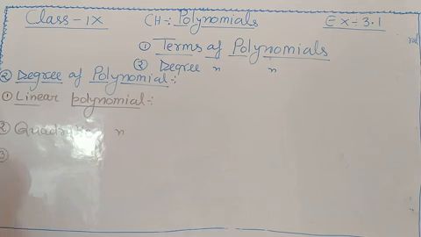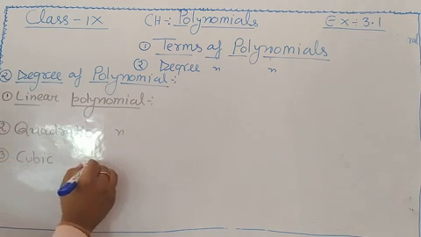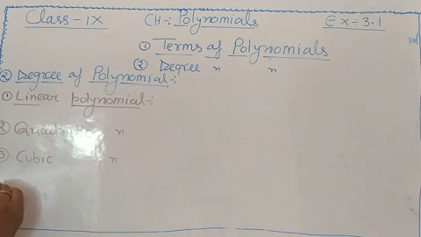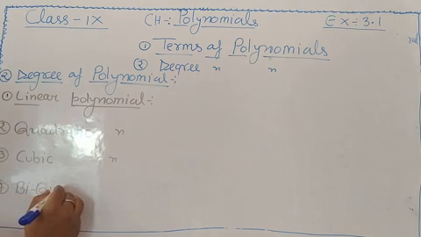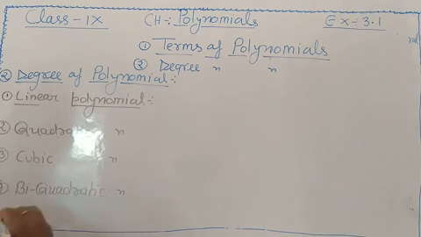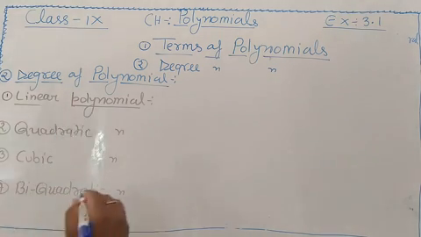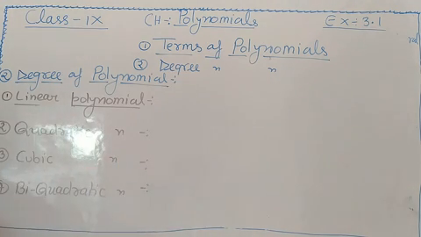Number 3, cubic polynomial. Number 4, biquadratic polynomial.